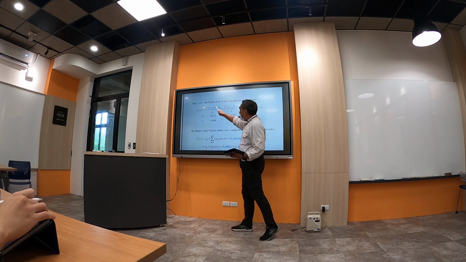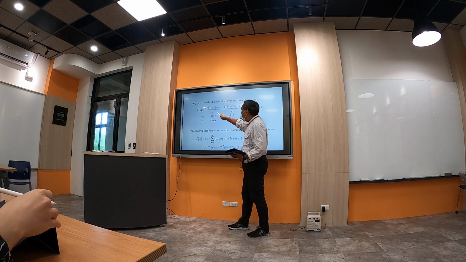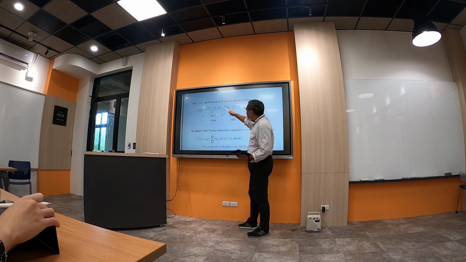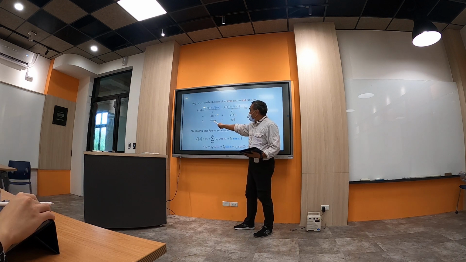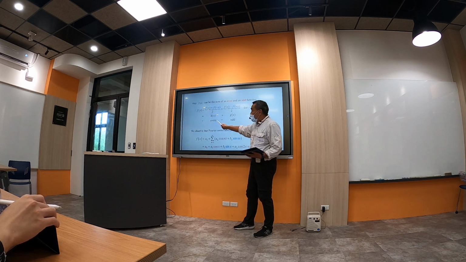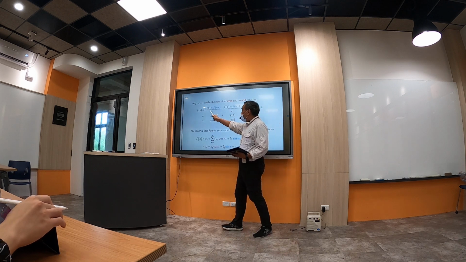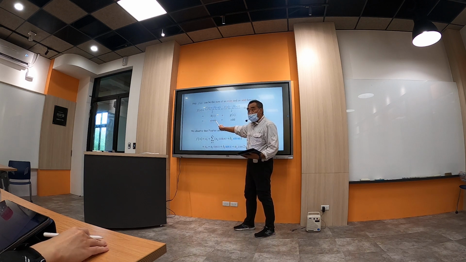But once you have done this, we call the first part the h function, and we call the second part the g function. And can you see that h function is what? It's an even function. And the g function is what? It's an odd function. That is, any function f(x) can be decomposed into even parts and odd parts.